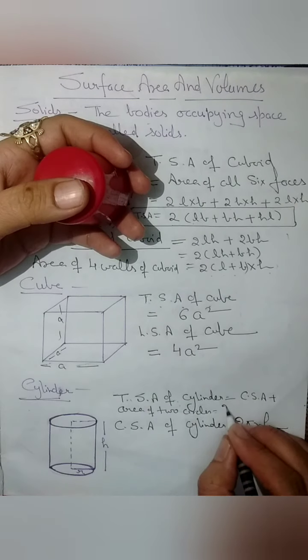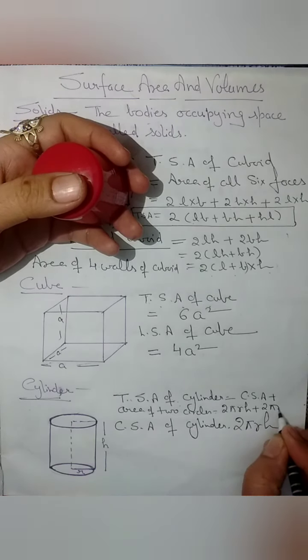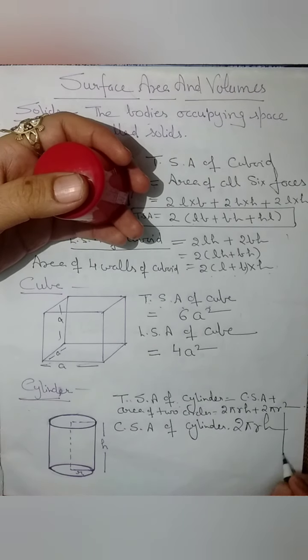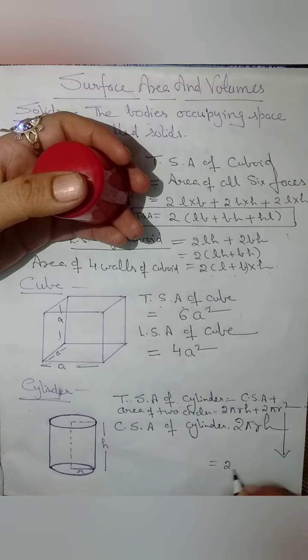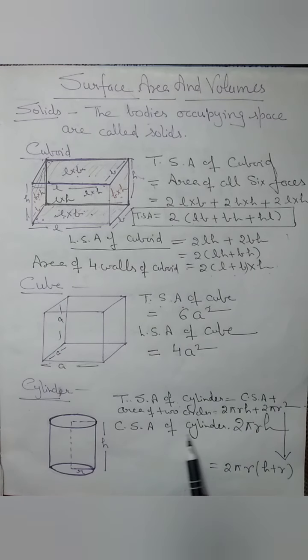So total surface area of cylinder will be 2 pi r h plus 2 pi r square. Or if you take out common, you can write 2 pi r (h plus r). This is the total surface area of cylinder and this is the curved surface area of cylinder.